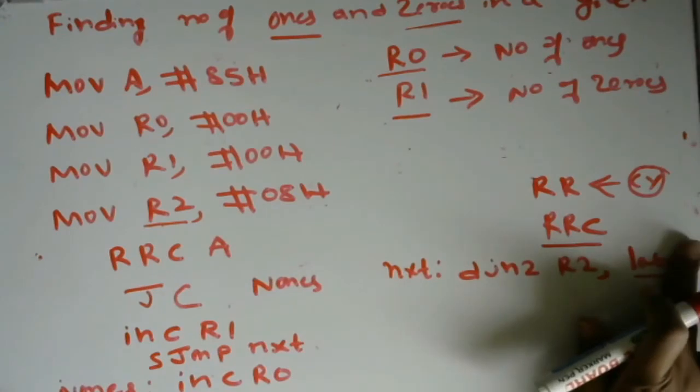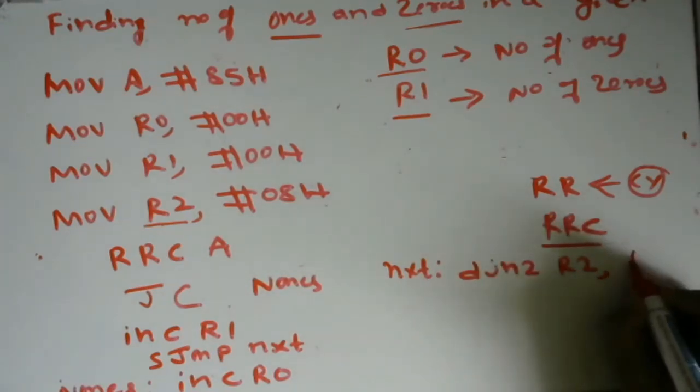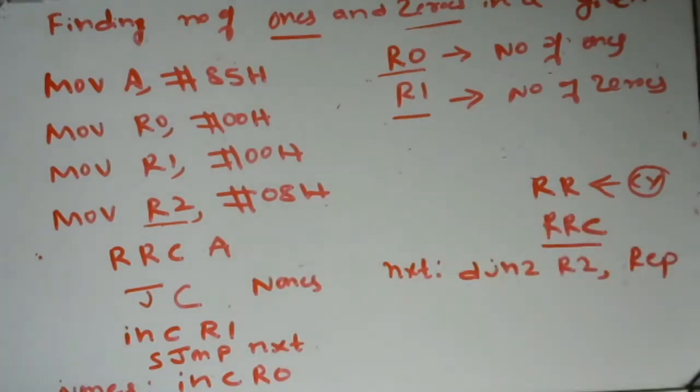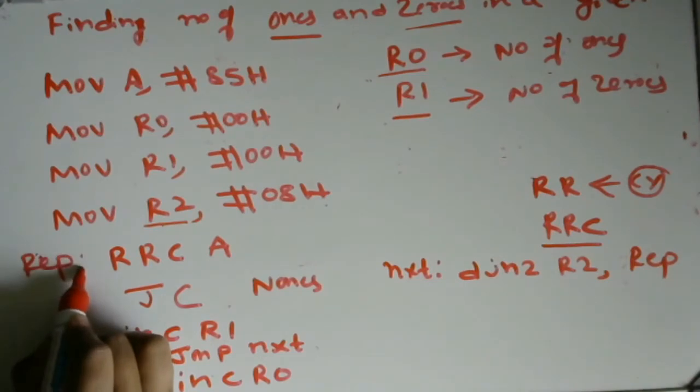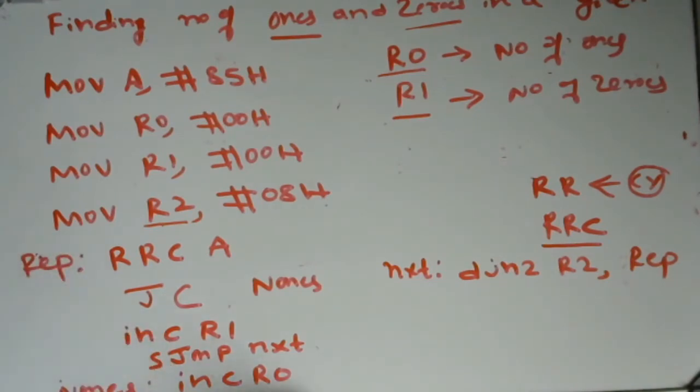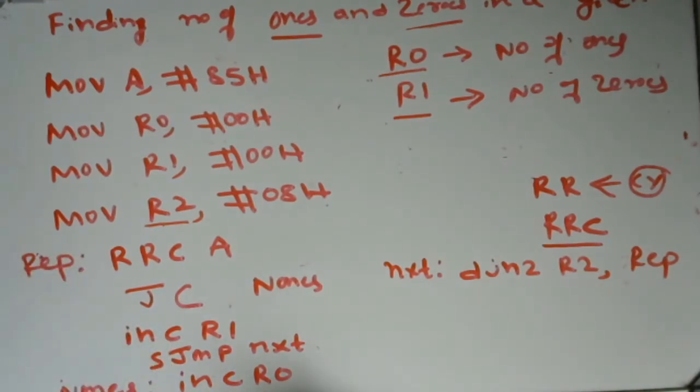This label can be anything, so I will write "repeat". It means we need to repeat the instructions from here, rotating the accumulator next time to find out whether the bit is 1 or 0.